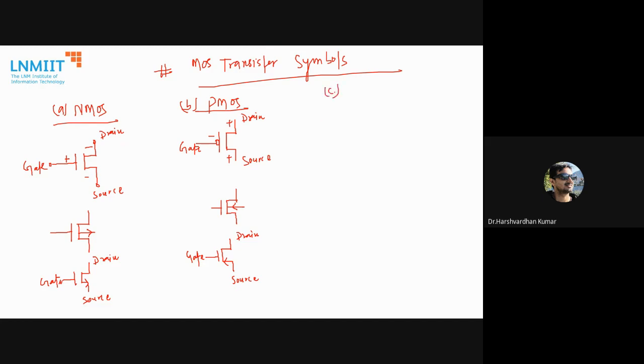Now CMOS, that is complementary metal oxide semiconductor field effect transistor. What is the symbol for CMOS? So you can see here.